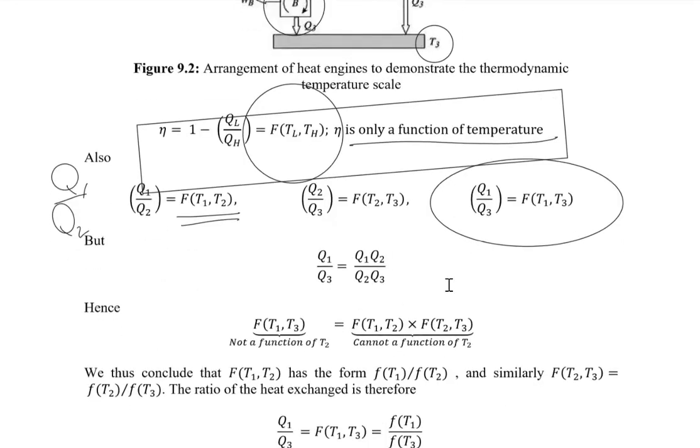Let's consider the last one, the heat engine working between reservoirs T1 and T3. That means Q1 divided by Q3.